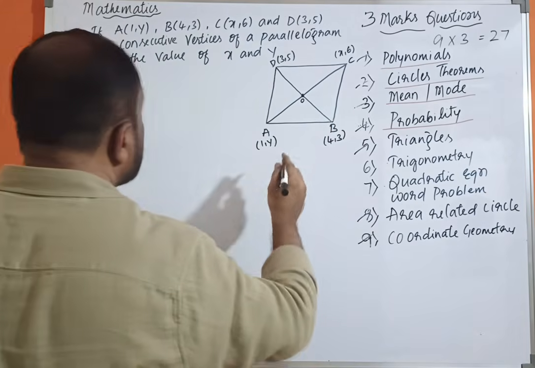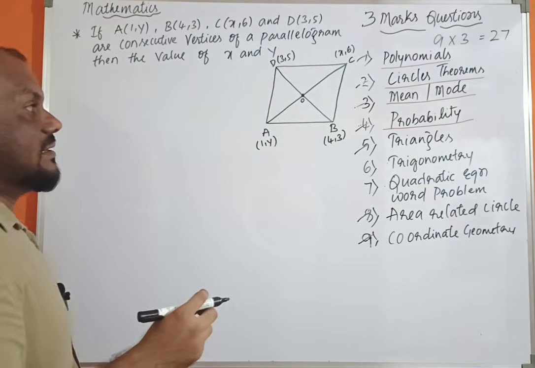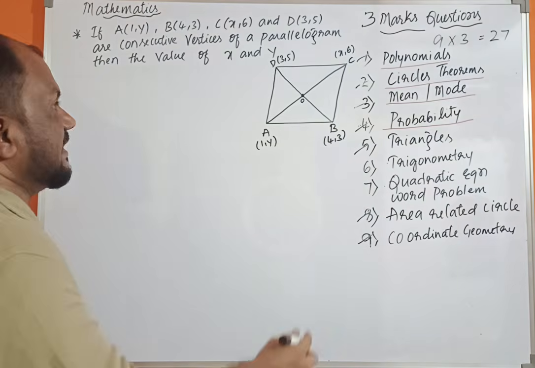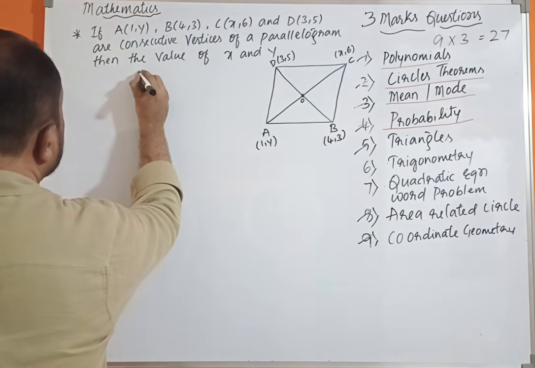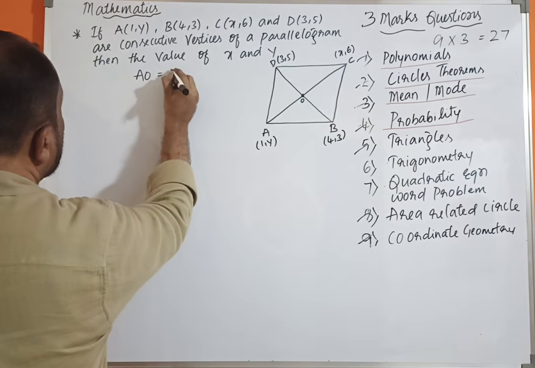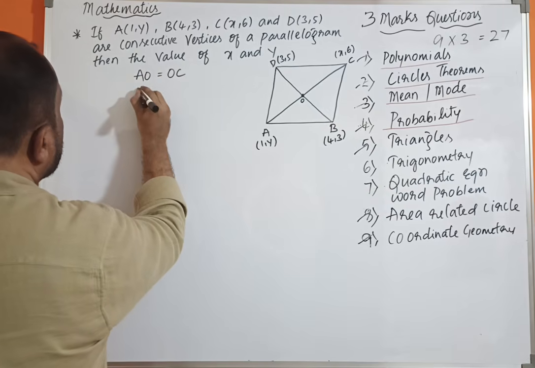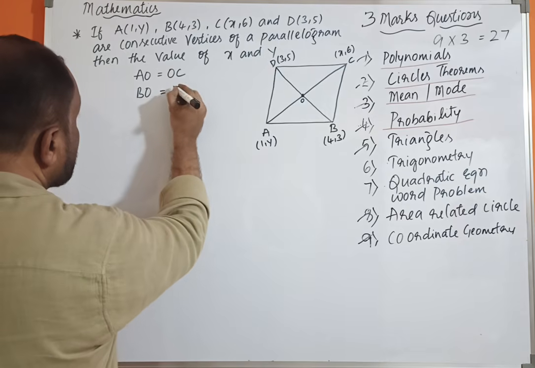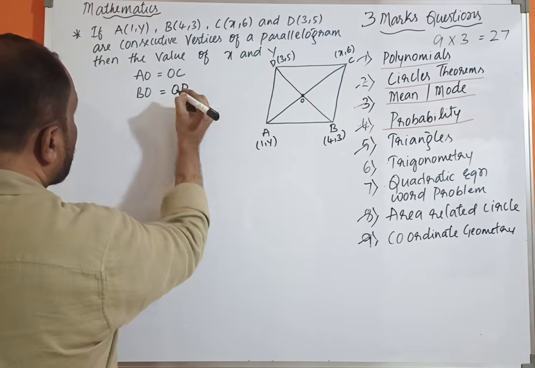I just mention this point as O. The property of a parallelogram: diagonals of the parallelogram bisect each other. I write AO is equal to OC, then BO is equal to OD.